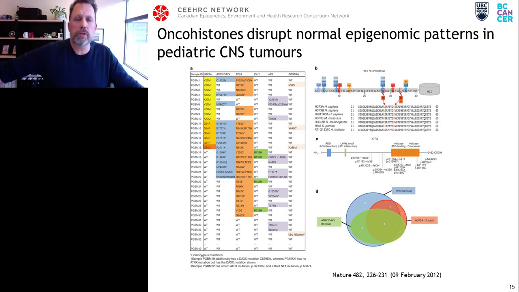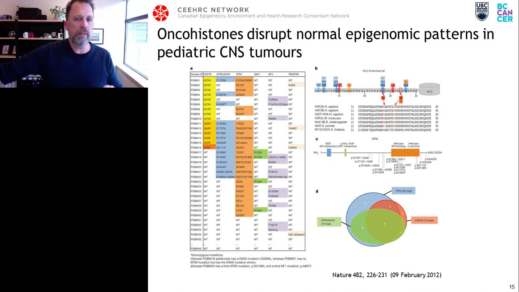Another class of tumors, and again, we're staying within pediatric malignancies. This is really pediatric CNS tumors, where we see these mutations, not to the epigenetic modifiers, but rather to the N-terminal tails themselves. So these are the tails, the unstructured tails that are decorated with these epigenetic modifications. And in fact, we can see mutations directly to the amino acids that are modified.